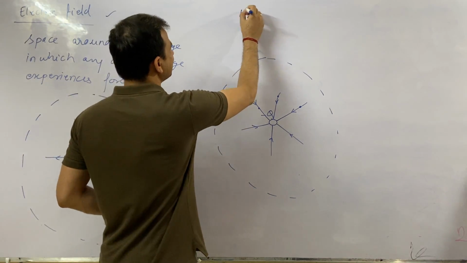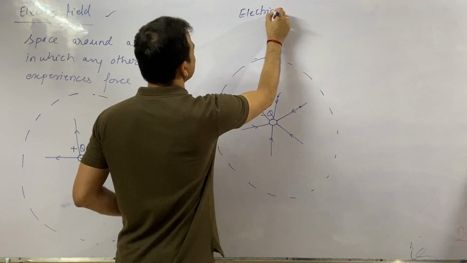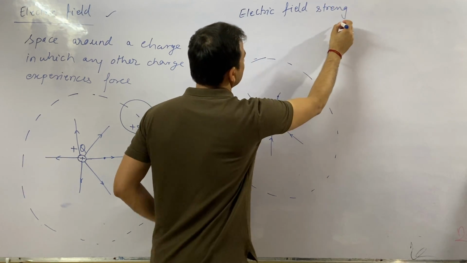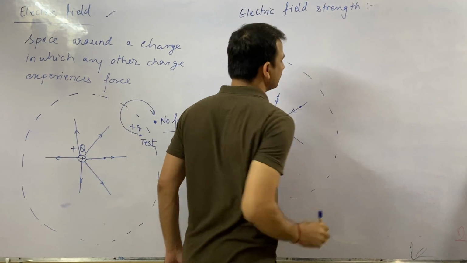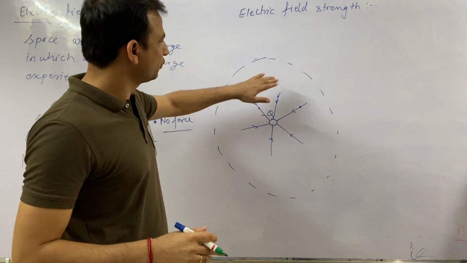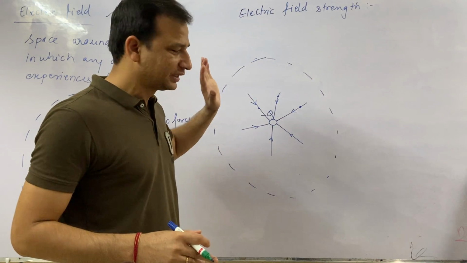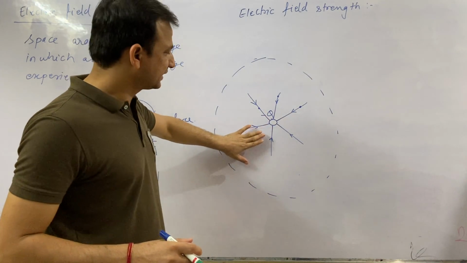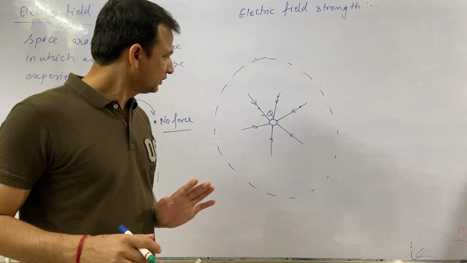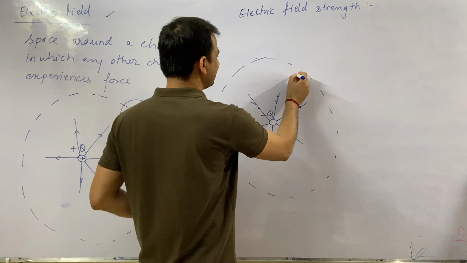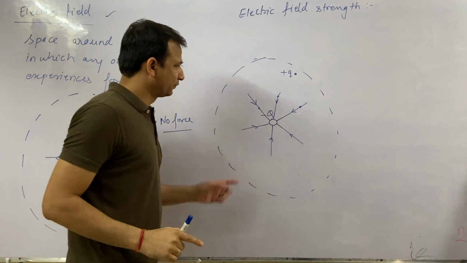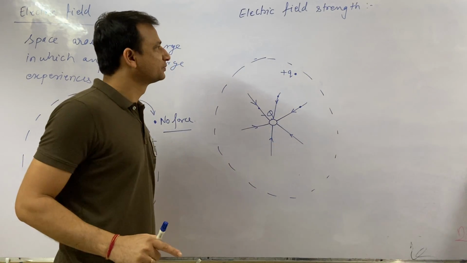Now the next one is electric field strength. Electric field strength helps us measure how much force will act on a charge if it is kept in the electric field of another charge. So for example, let's say here is a test charge plus Q kept within the field of this negative charge.